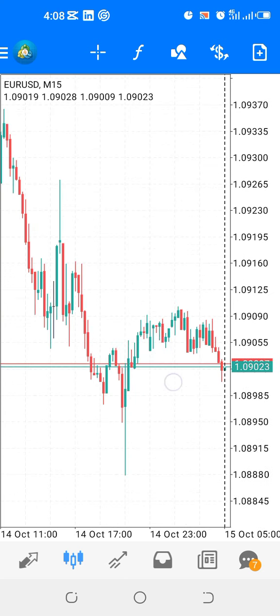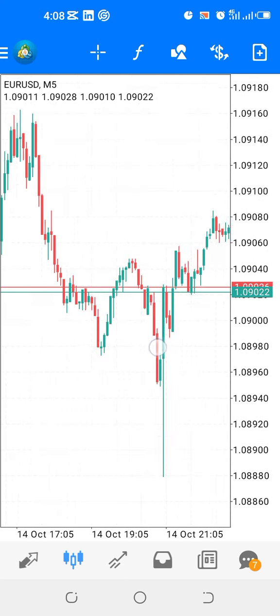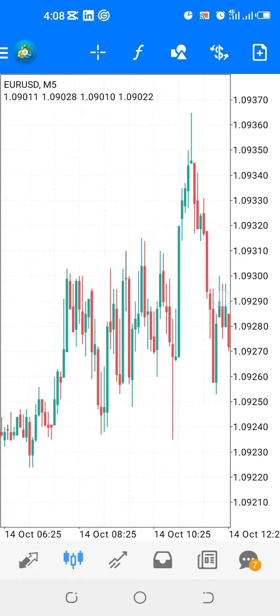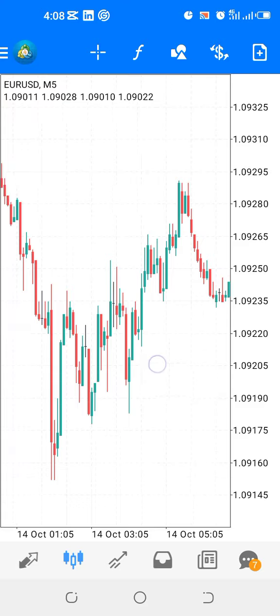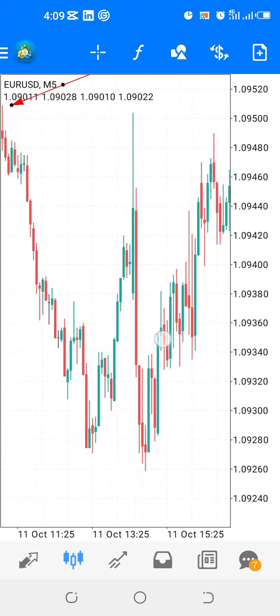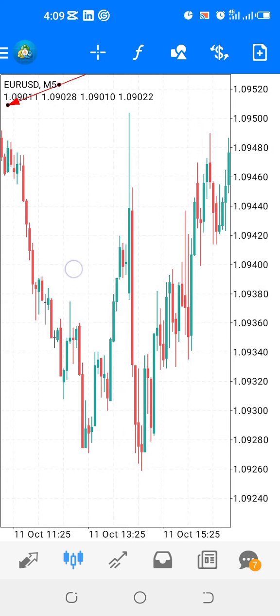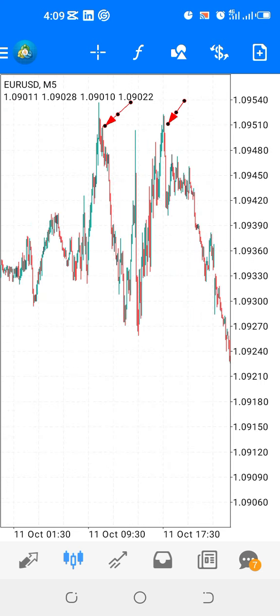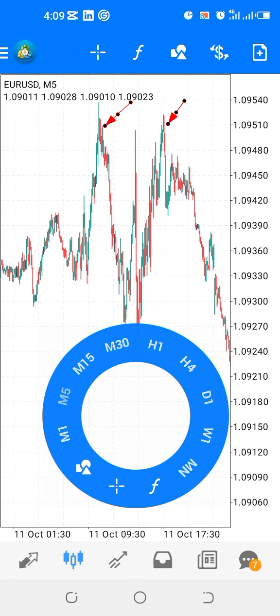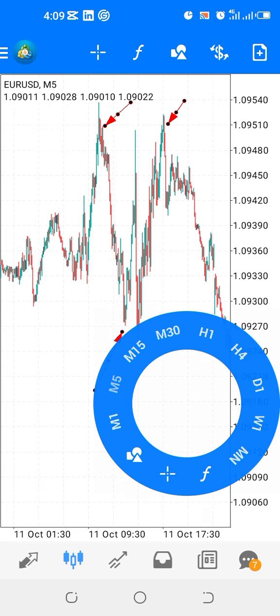So let's look for another design of a double top or a double bottom. This is a top, for example, and this is also a top. So that is a double top. Let's look for a double bottom. This is a double bottom, and this is another bottom.